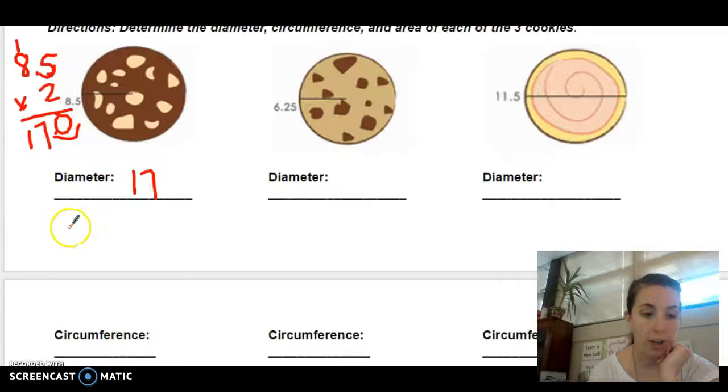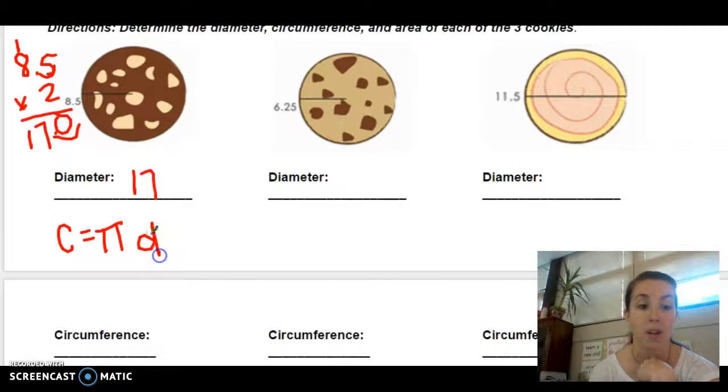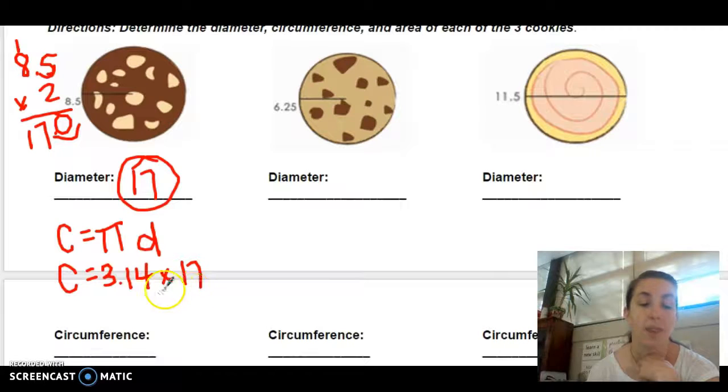Okay, circumference is C equals pi times the diameter. You guys already figured out the diameter. So for circumference, you would do C equals 3.14 times 17. And this is where I would let you guys use your calculator. Mine's just going to be on my desk here.